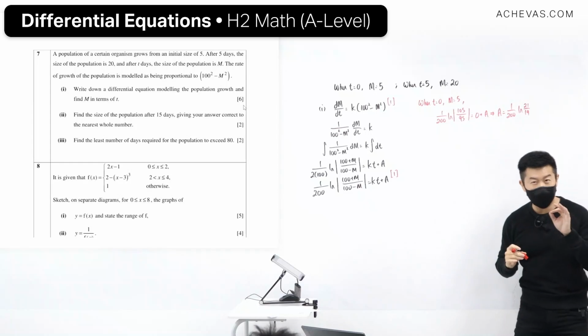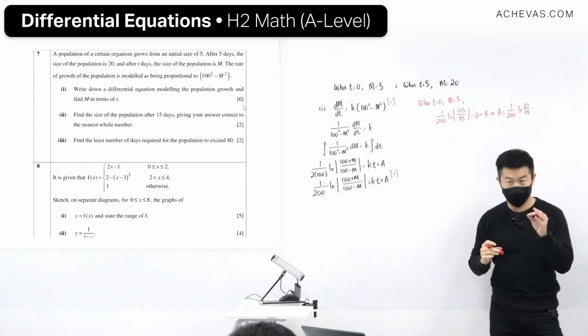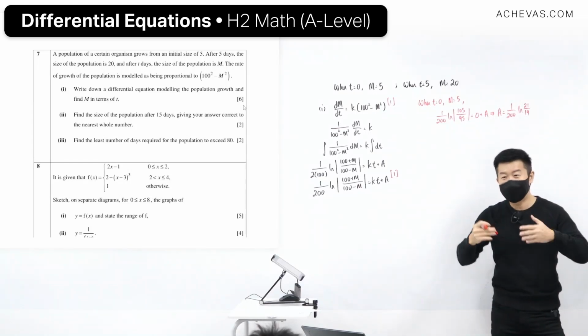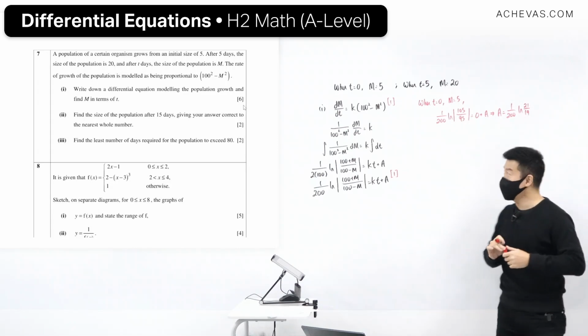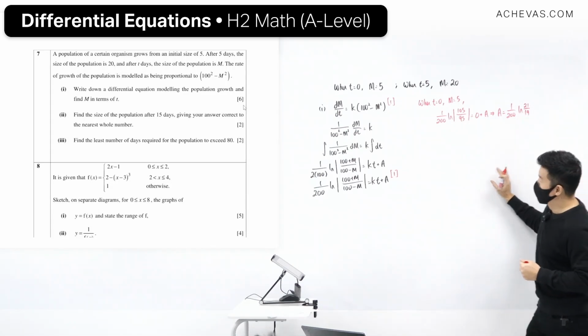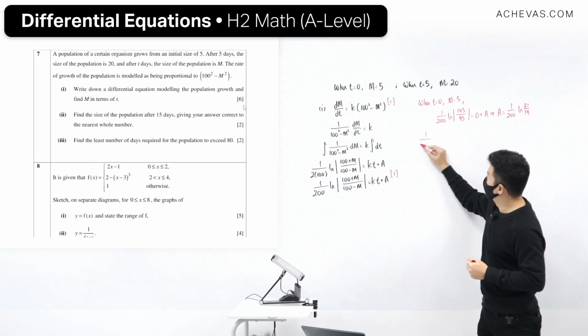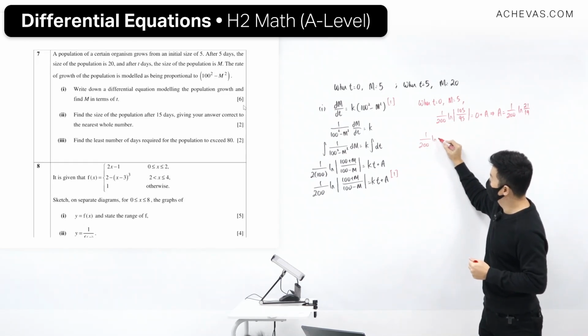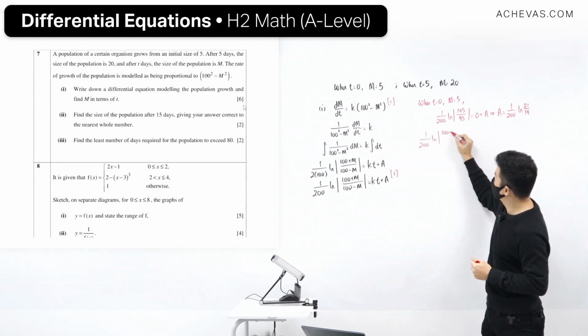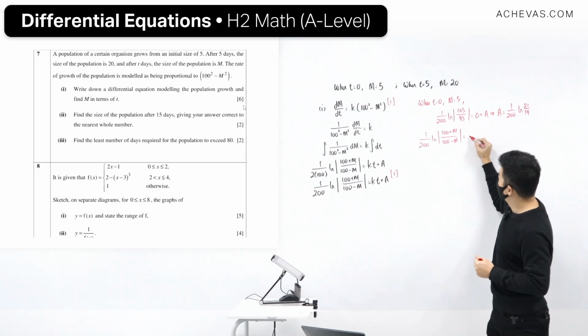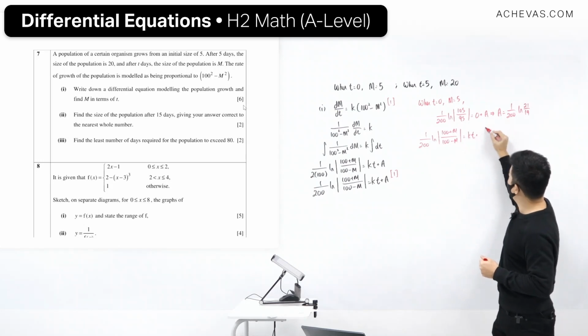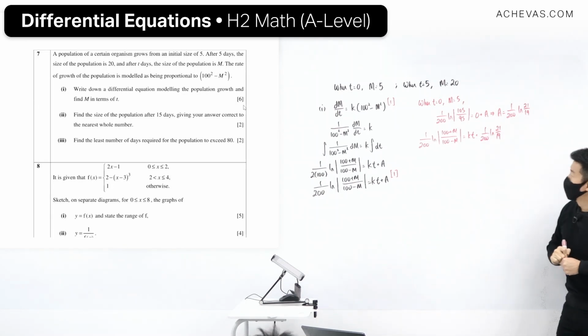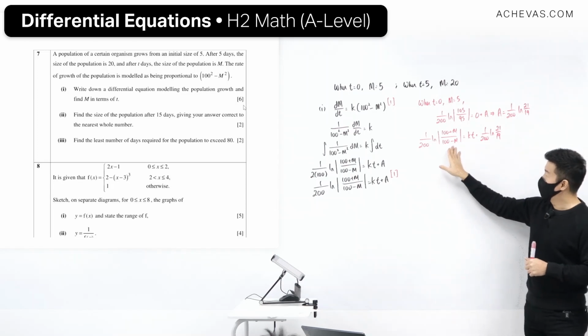I probably will get a little bit of marks from here. But let's see how it is going to feel if I continue from here. So it is going to be 1 over 200 ln of modulus of (100 plus m) divided by (100 minus m). This is going to be kt plus a, 1 over 200 ln of 21 over 19. I still need to make m the subject.